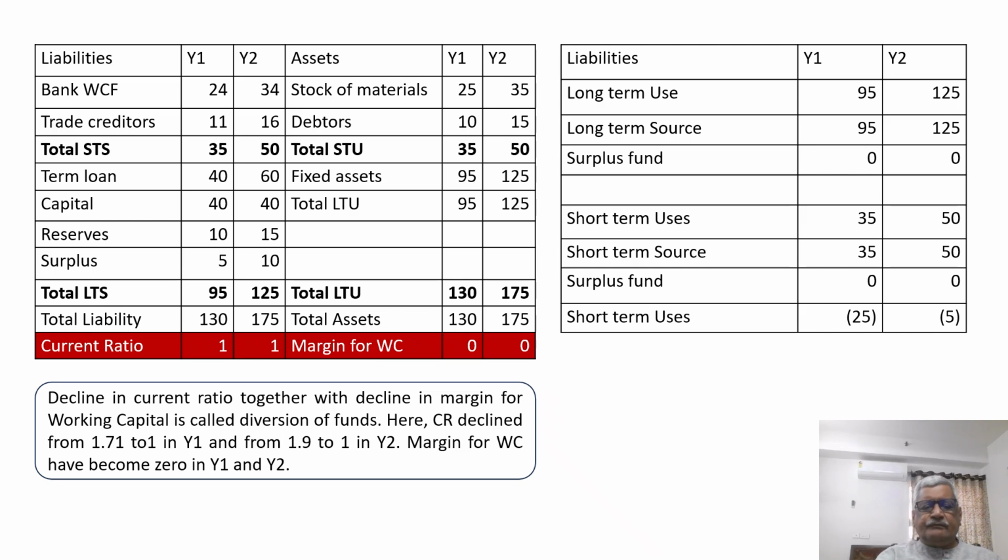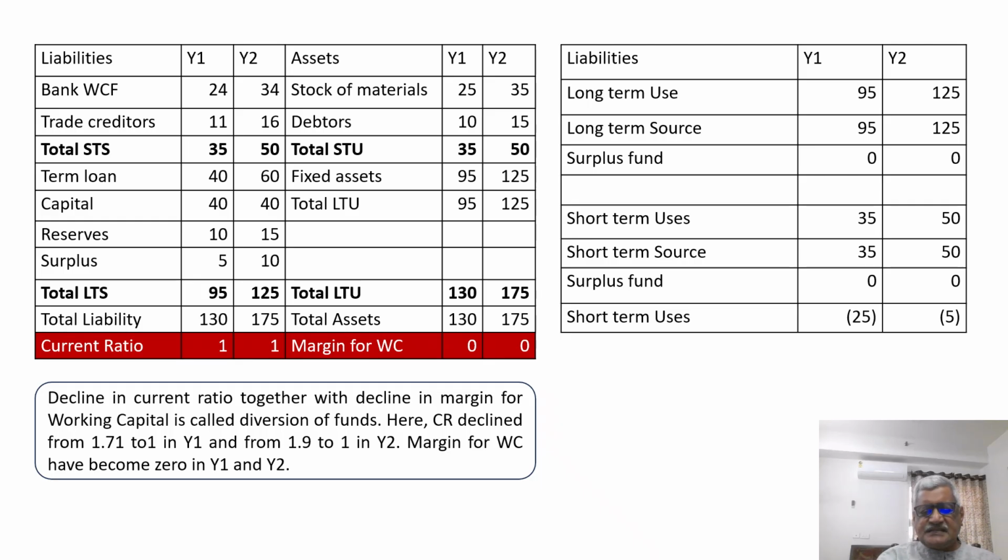Now between Y1 and Y2, you may see that a decline in the current ratio together with a decline in margin for working capital is called diversion of funds.